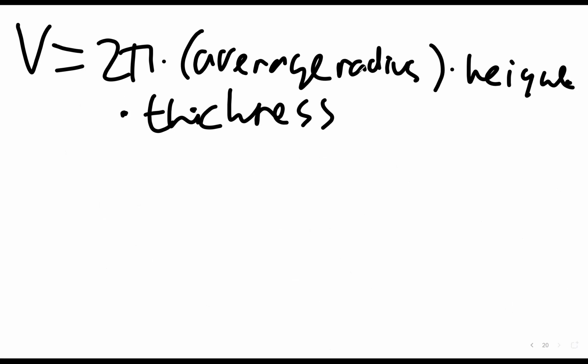Of course it's intuitive because we can abbreviate this to become 2 pi r h multiplied by delta r.